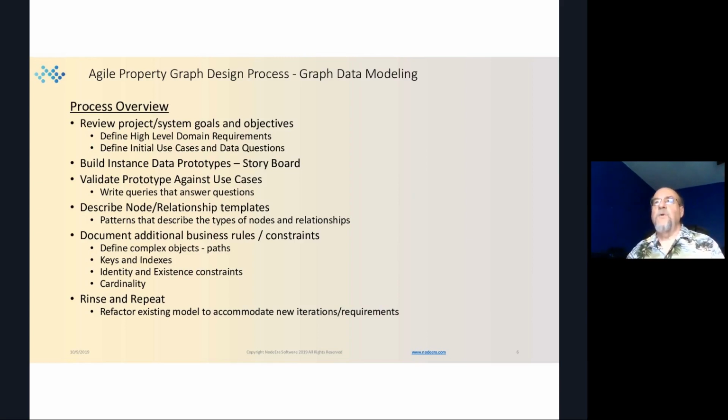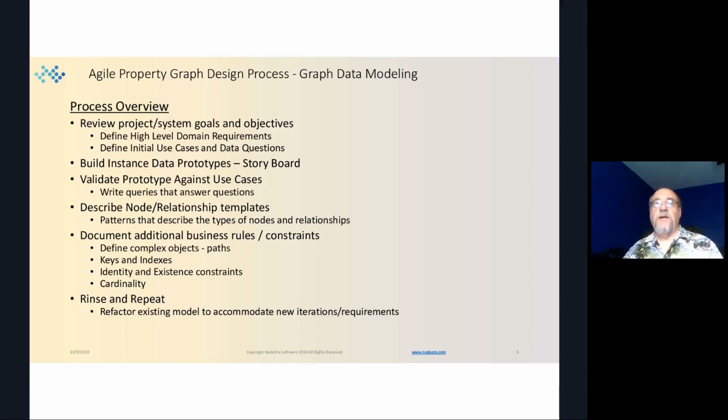Once you're satisfied with that, you can then move on and describe node and relationship templates or types. And this is, in some sense, and at least today, really more documentation. There's no create node statement in Neo4j like we have in the relational world, because Neo4j is a schema on demand, if you will.